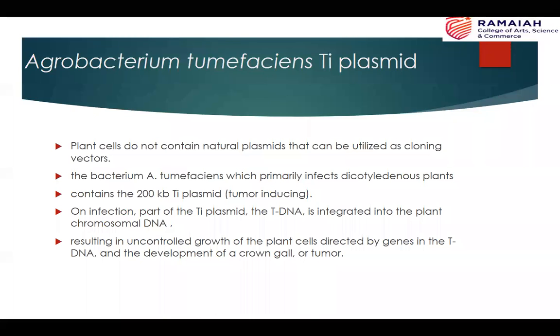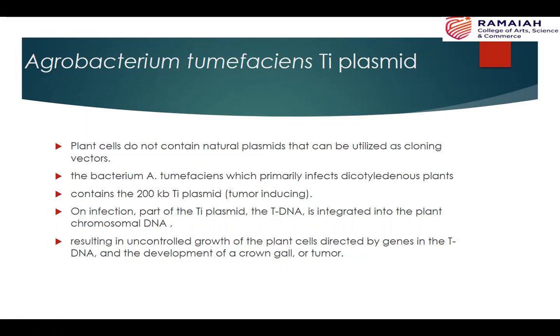Next, a eukaryotic vector exclusively for plant cells is the Agrobacterium tumefaciens Ti plasmid. As you all know, plant cells don't contain natural plasmids which can be utilized as cloning vectors.